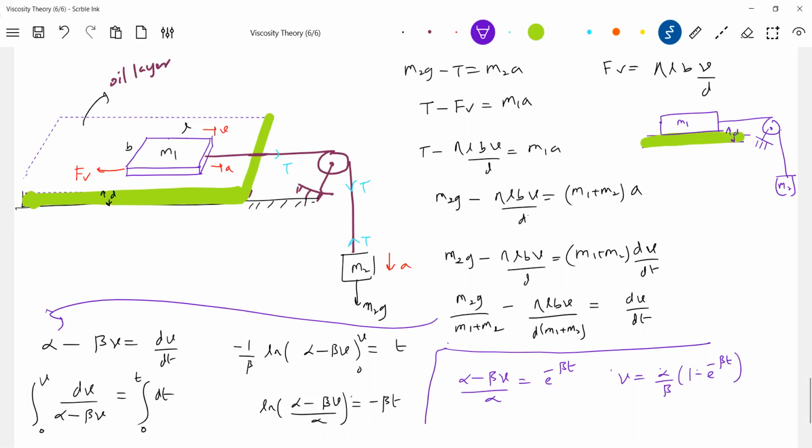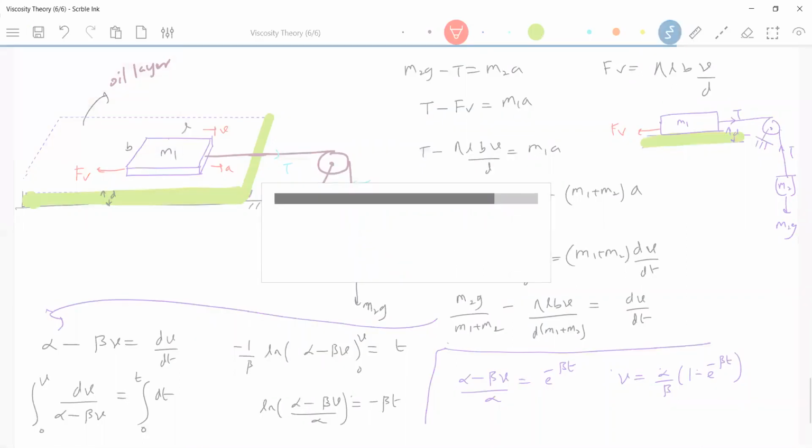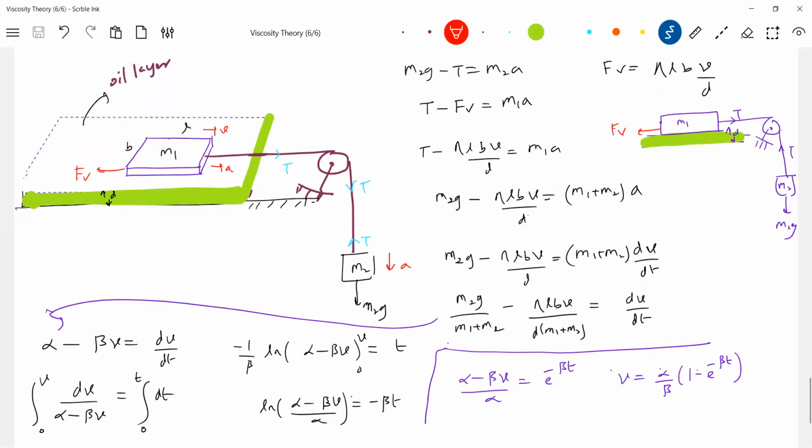It will be D. So here tension, the viscous drag should act here. They make you a plane diagram or they make you a 3D diagram. Shall I slide down?